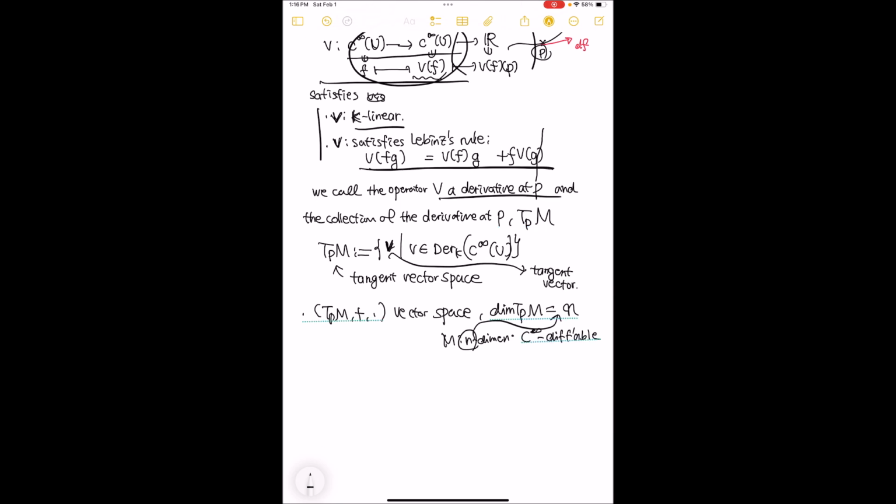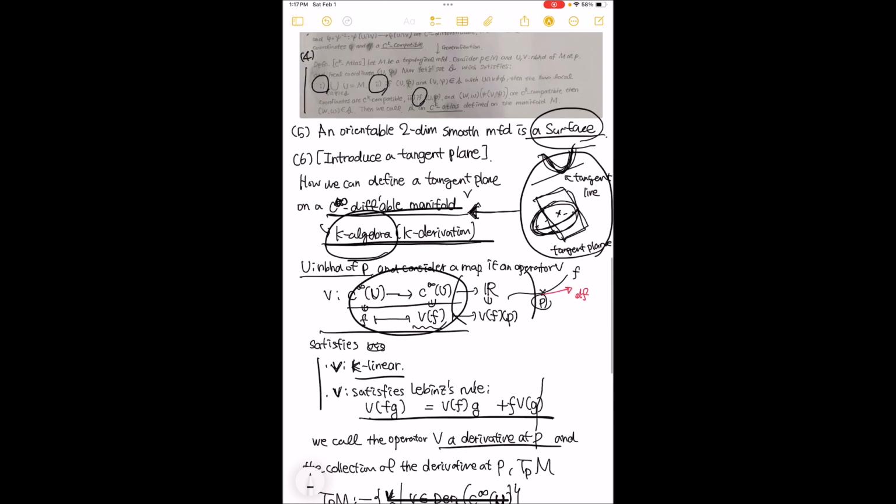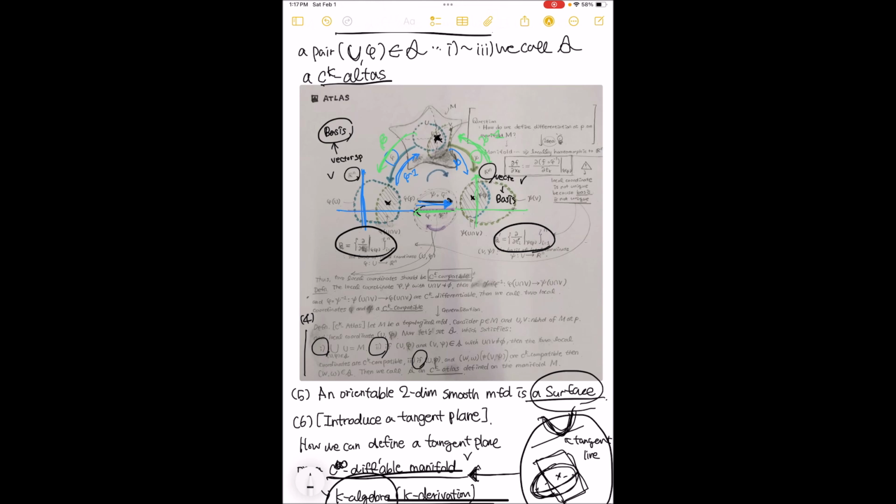However, note that the definition is based on the neighborhood of point P. As you see, the point depends on the neighborhood, depends on the coordinate, because the basis is not unique.